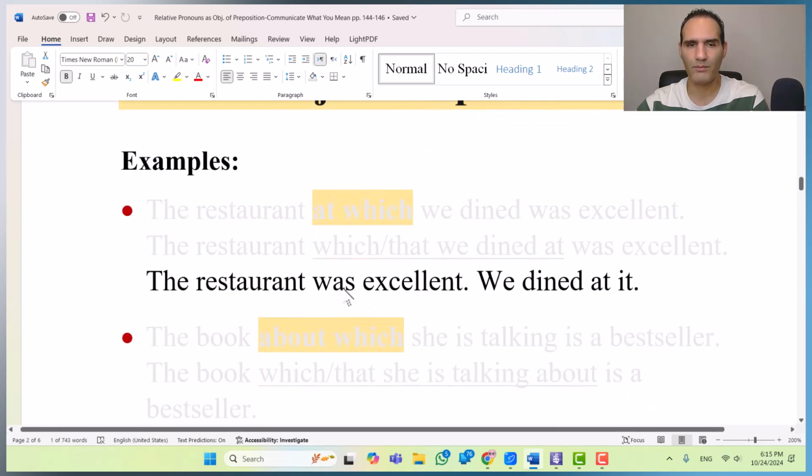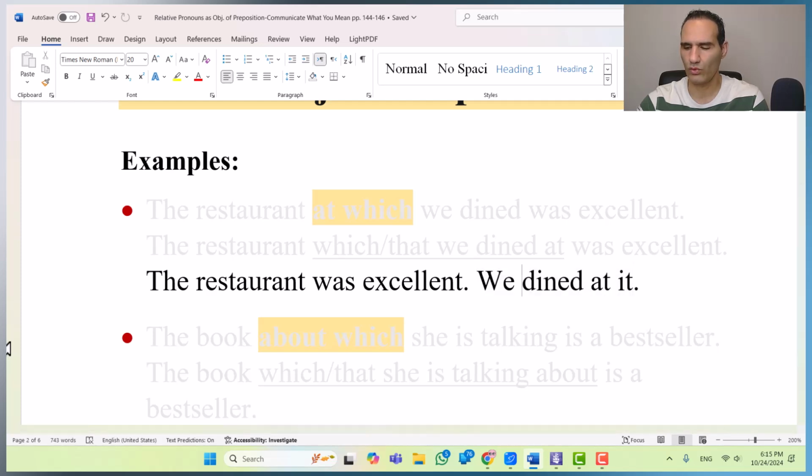Now look at the examples. For example, this sentence. The restaurant was excellent. We dined at it. The verb for having dinner, or for eating at a restaurant. So dine at a place. I told you that the verb in this grammar comes with a preposition. Dine at a place. These two sentences are two short sentences.